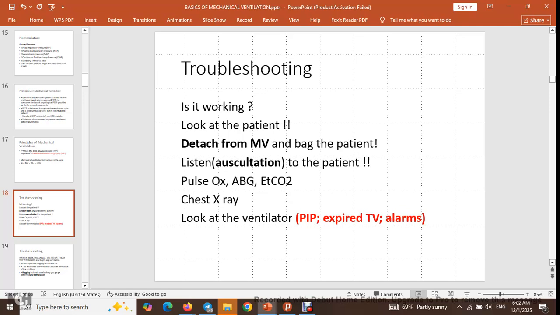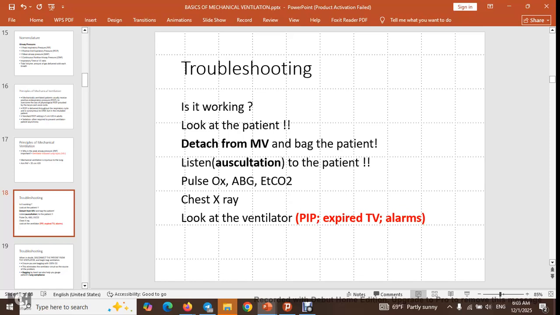The other thing is you should assess the ABG, end-tidal CO2, pulse oximetry, all these things. You may get a chest X-ray or lung ultrasound. Recently, in my setup, we don't send the patient for chest X-ray for troubleshooting; we assess using ultrasound.